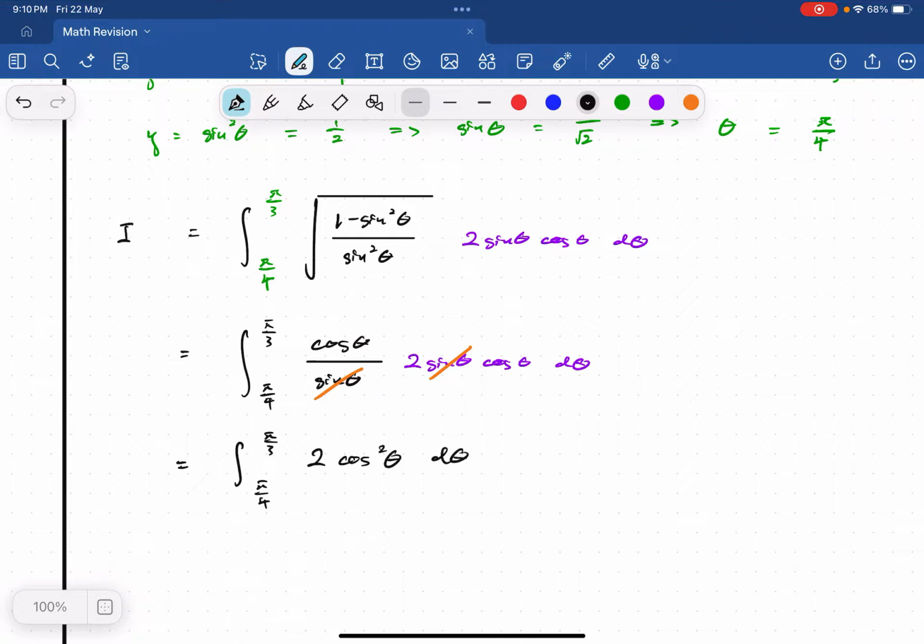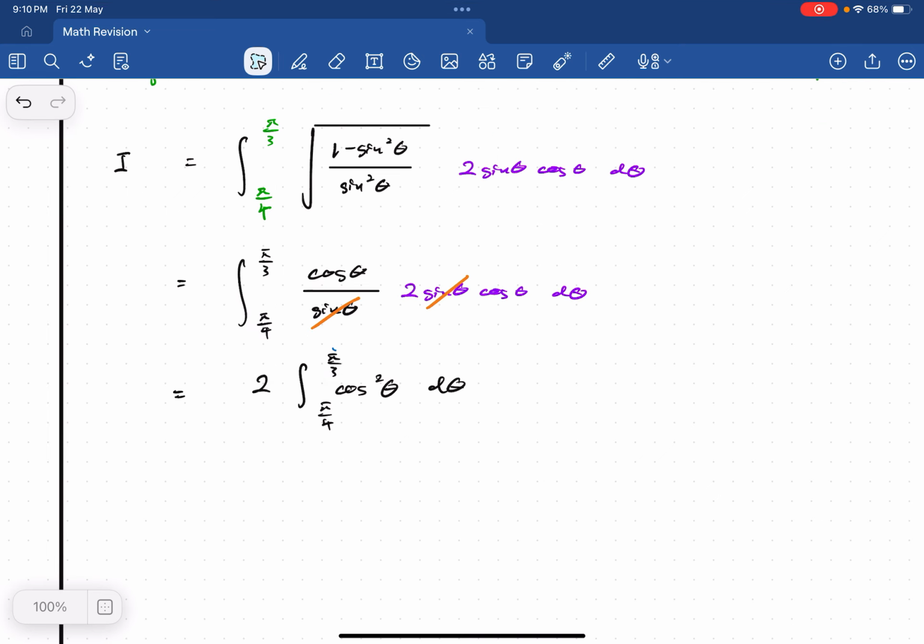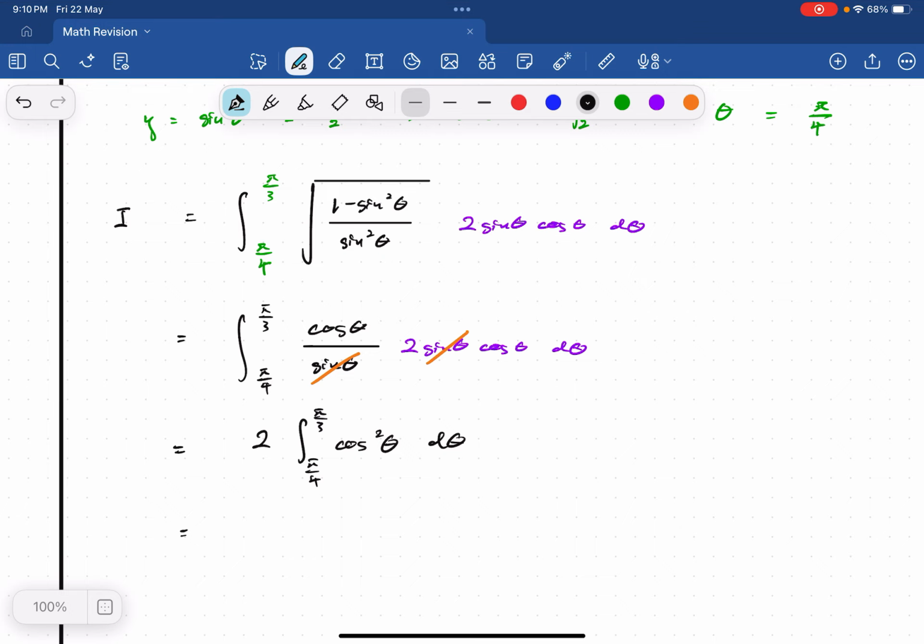Now, for me as a person, I'm very uncomfortable with having a constant inside my integral. So I'm just going to tidy things up now because it makes more sense to me this way. It's up to your personal preference if you prefer to do it like what I just did or not. But it doesn't matter, it's just because I'm OCD. So, we've gone through, I think, twice already in part 1 and 2, how to integrate sine squared theta, how to integrate cos squared theta using double angle formula.